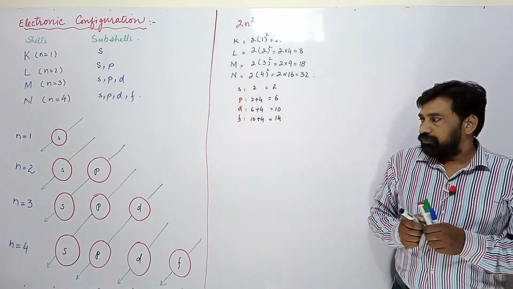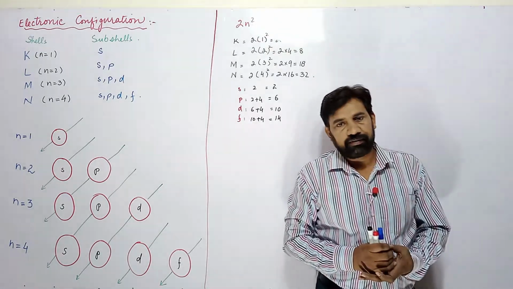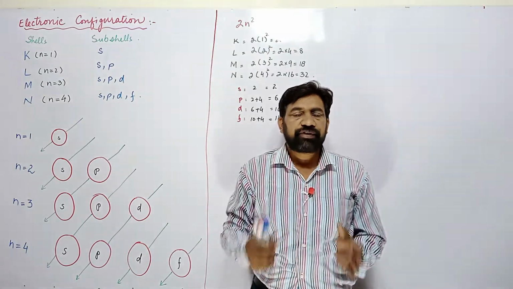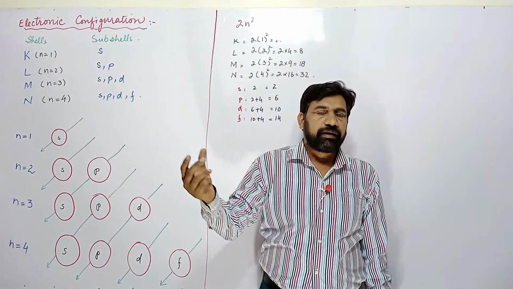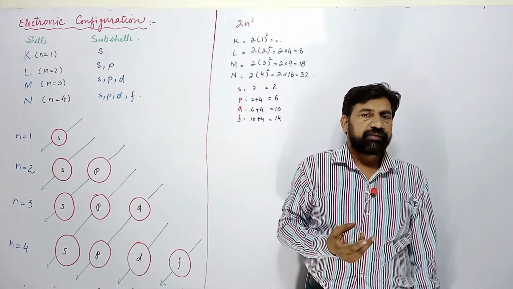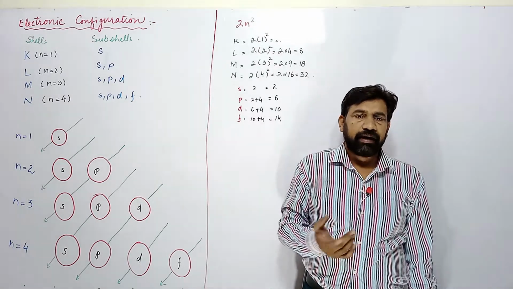Now students, let's discuss the electronic configuration of first 20 elements. Whenever we talk about the electronic configuration of first 20 elements, in the first period, 2 elements. In the second period, 8 elements. In the third period, 8 elements. And the fourth period, 18 elements.